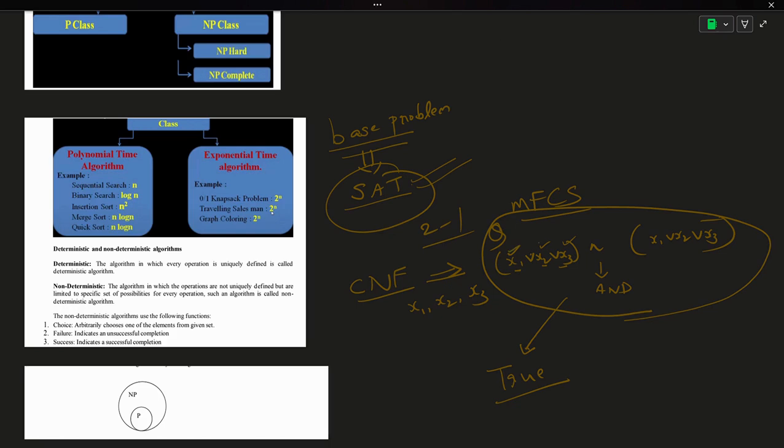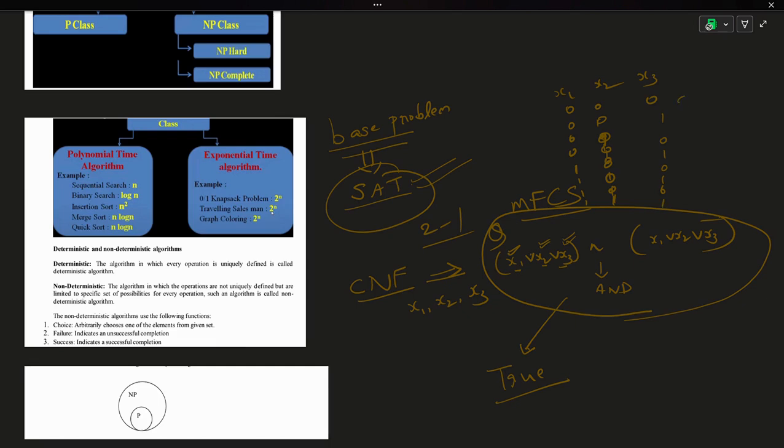What values can x1, x2, x3 take? 0, 0, 0, 0, 1, 1, 1, 1, and so on.